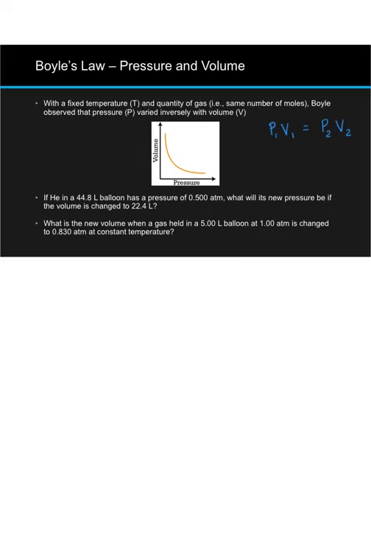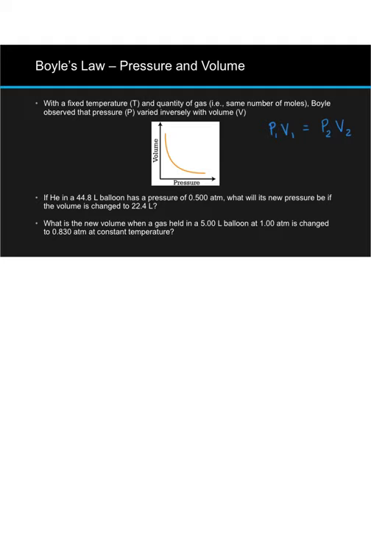In the second example, we would like to know a new volume. A gas that's held in a 5-liter balloon initially at 1 atmosphere has the pressure changed to 0.830 atmospheres. Here, pressure is decreasing, so we should anticipate that the volume will increase.